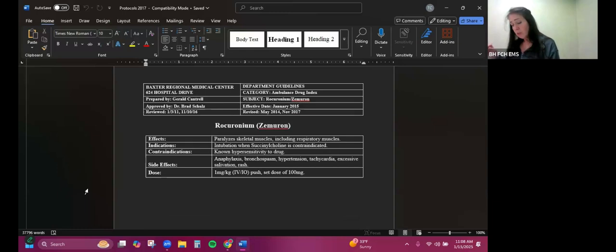Contraindication is hypersensitivity to the drug. Side effects are anaphylaxis, bronchospasms, hypertension, tachycardia, excessive salivation. Your dose is 1 milligram a kilogram IV push, set dose of 100 milligrams. That's a new one we're going to see.